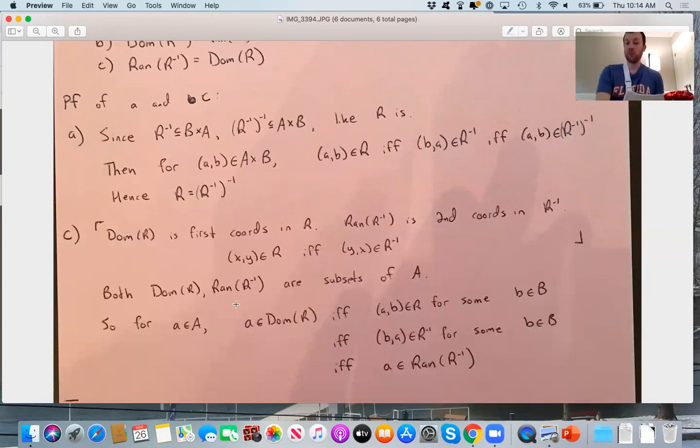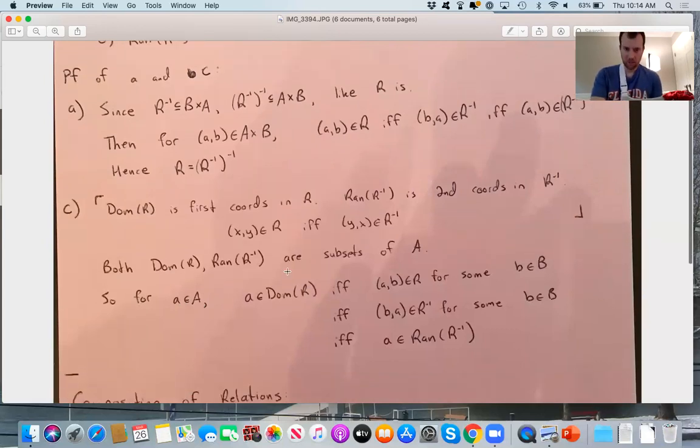So then they're both living in A, look at elements of A, and then figure out what does it mean if we assume that a is in the domain of R, how can we unpack that? So we're unpacking this definition in the same sense that if we said, here's a number that's even, write it as 2 times something.